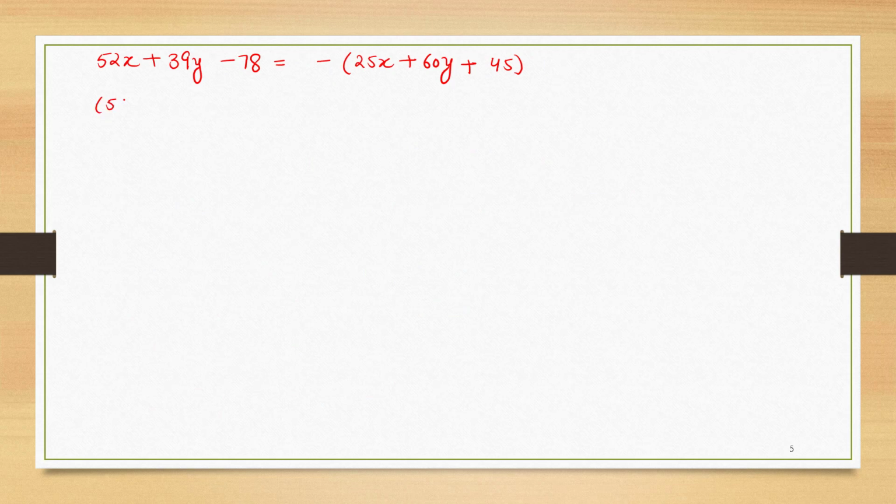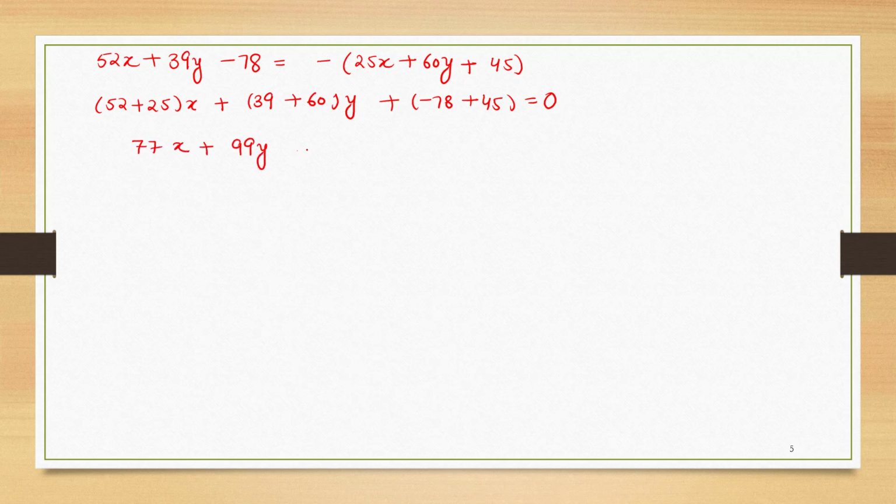That is (52 plus 25)x plus (39 plus 60)y plus (minus 78 plus 45) equal to 0. So we get 77x plus 99y minus 33 equal to 0. Dividing all along by 11, we get 7x plus 9y minus 3 equal to 0. So this is the second equation of angle bisector.